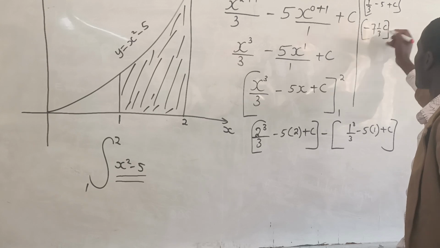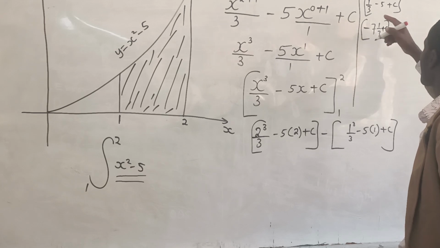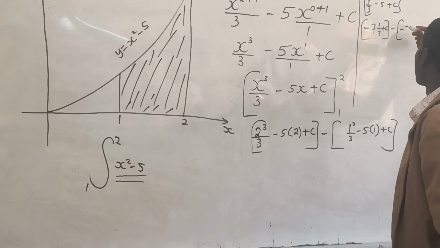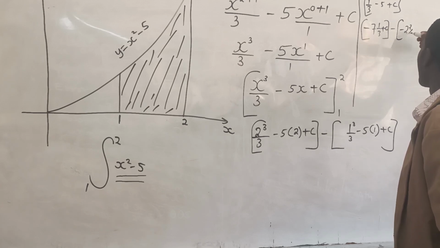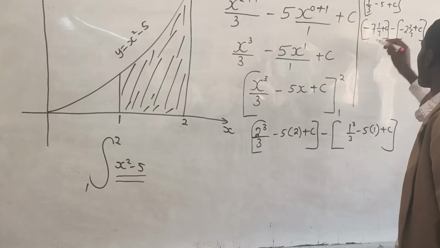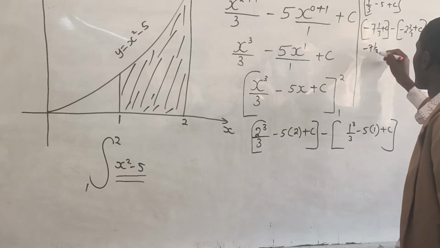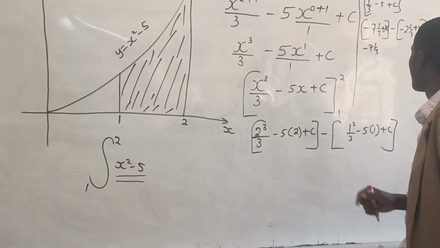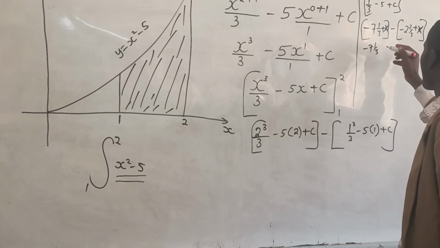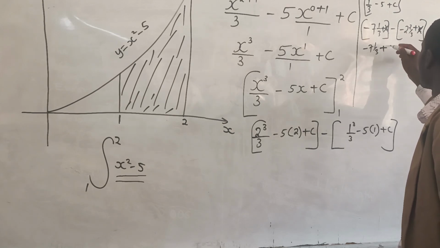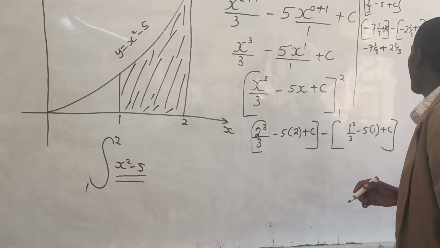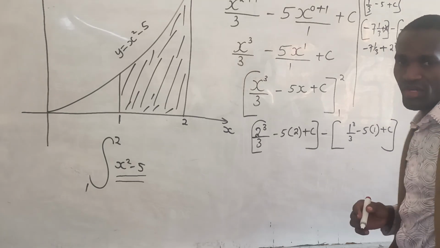And we subtract from this a third minus 5, that is negative 2 and 2 over 3 plus the constant c. The constant is going to be eliminated, since c minus c is 0. So we have minus 7 and 1 over 3 minus, that is plus, 2 and 2 over 3, so that we get the difference between those two.